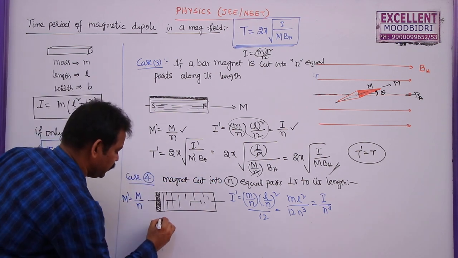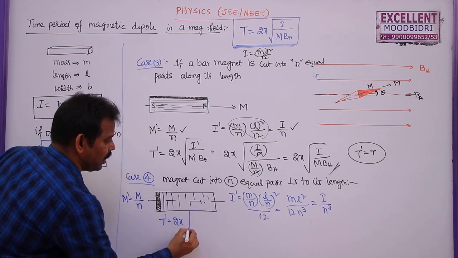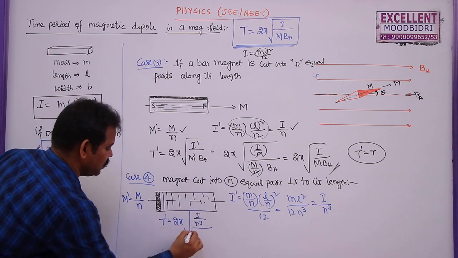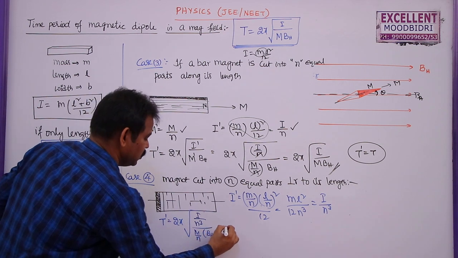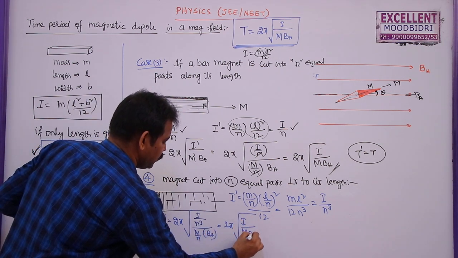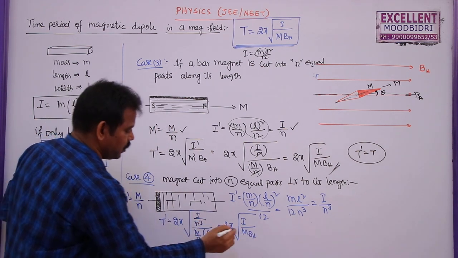So what is the time period now? T dash is equal to 2 pi root, I is I by n cube, m is m by n, and this BH remains as BH. So we can write 2 pi root I by mBH, into 1 by n cube, and 1 by n goes up as n by 1.